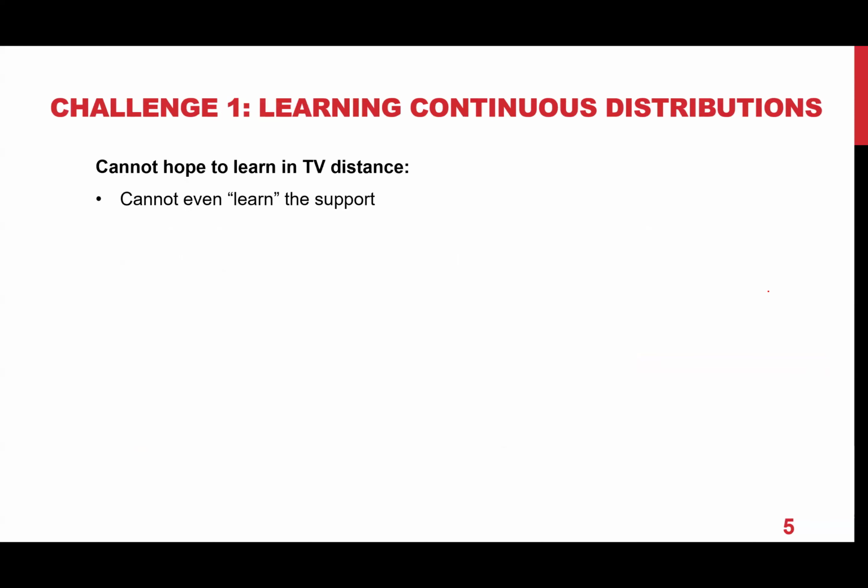Good. So first, let's look at the first challenge, which was the fact that if you have a continuous distribution, it's impossible to learn it in small TV distance. One might ask a priori, am I immediately doomed, or is there any hope at all? Is there anything I can do? If you have a continuous distribution, even just a single scalar distribution taking values between 0 and 1, what can I learn?